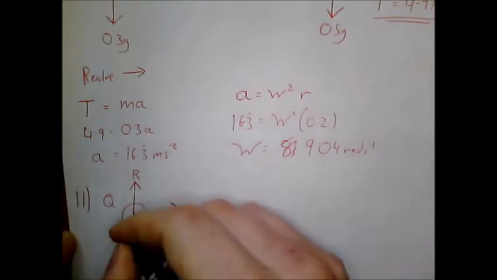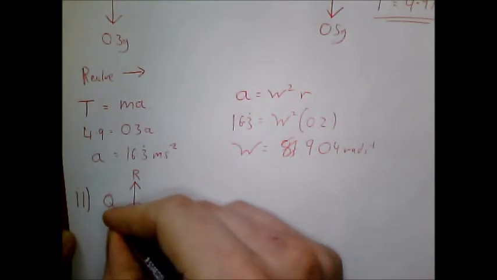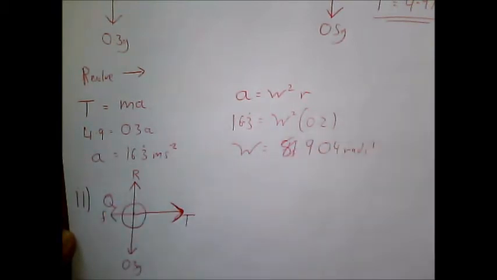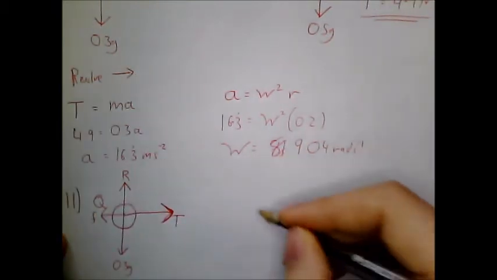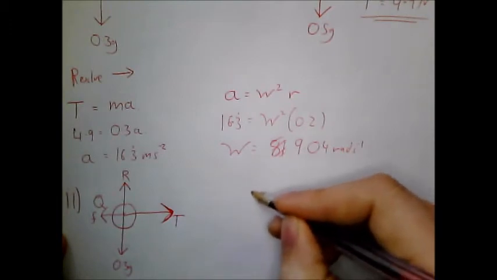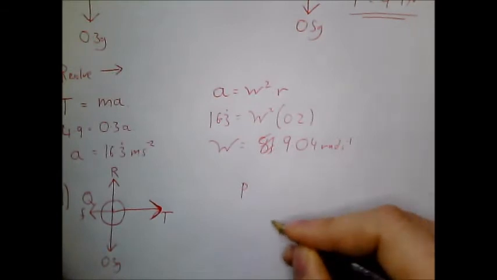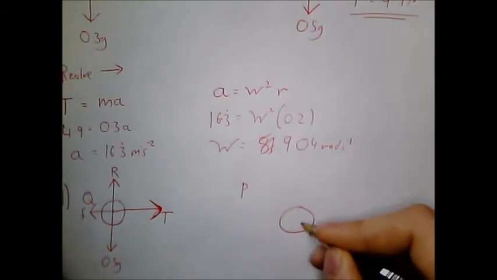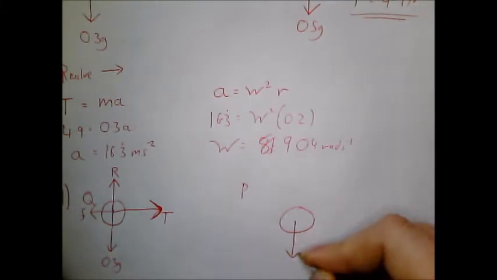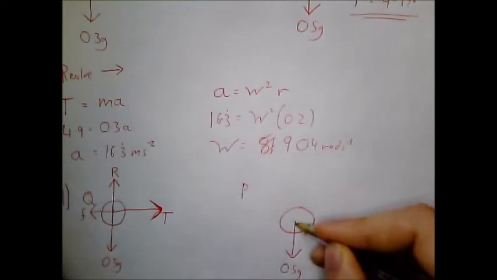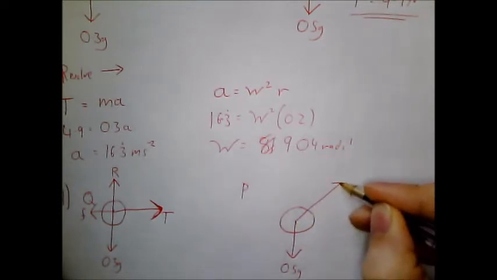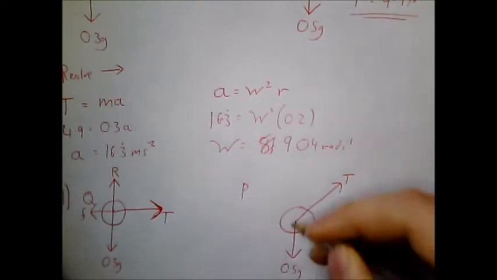It is fixed in position, so there'll be some kind of fixing force here, but we don't really care too much about that. Then particle P. We have our particle here. It's still 0.5 g, but now the tension is at an angle.